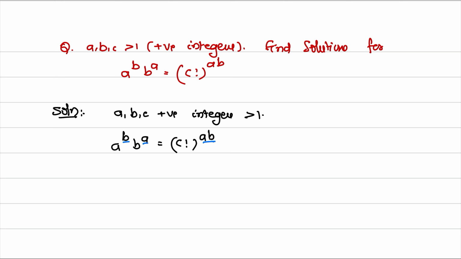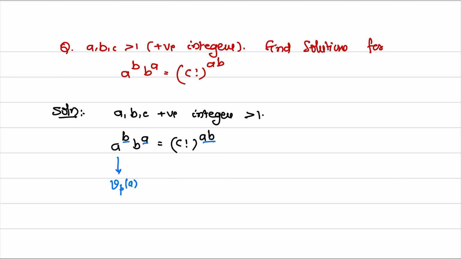And let the exponents of all the primes of A be denoted by VP of A, all possible primes.